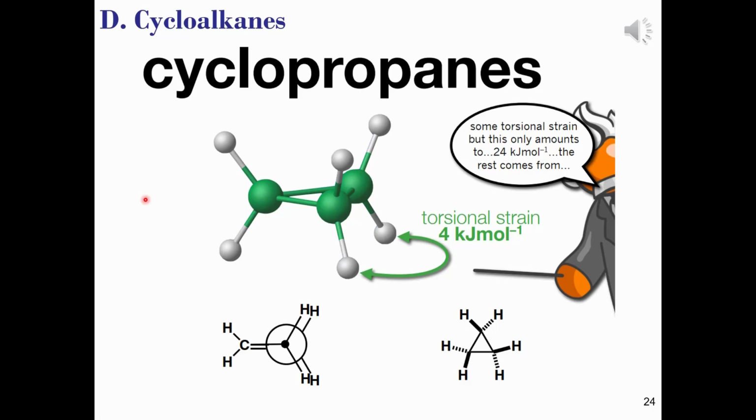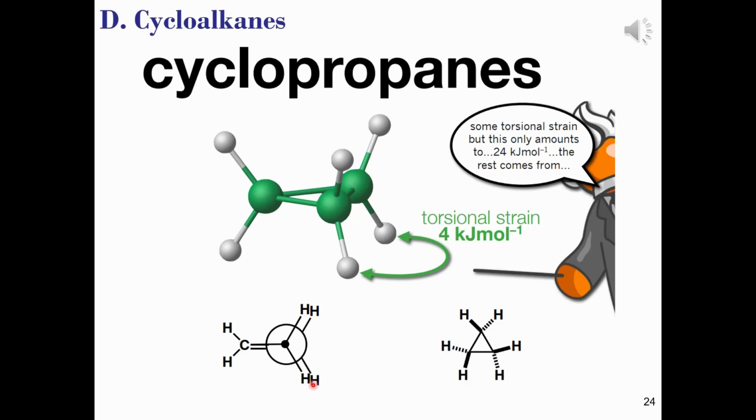To begin our discussion, we're going to look at the smallest possible cycloalkane. This is cyclopropane. Now, some of the torsional strain comes from the rotation of these bonds with respect to each other. And this only amounts to 24 kilojoules per mole. So with each hydrogen here that is eclipsing each other, this will cause that 4 kilojoules per mole.